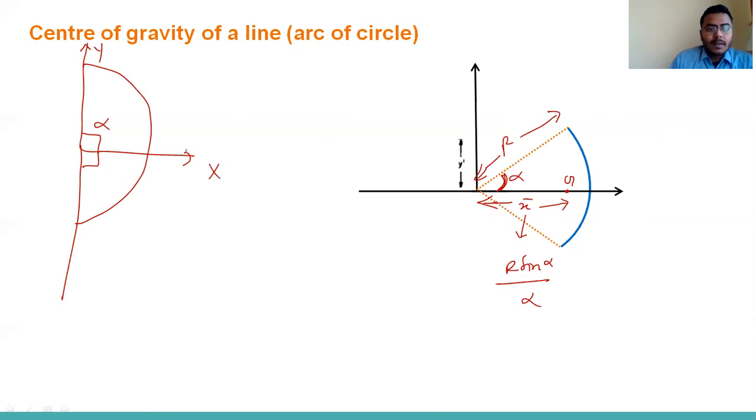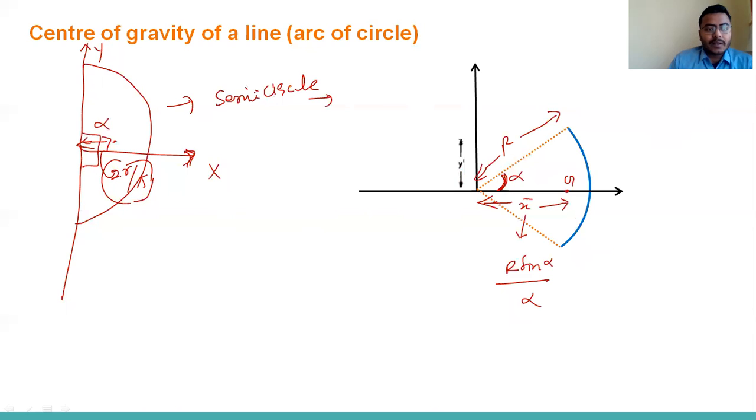Means this arc of a circle will become an arc of a semicircle. And we have calculated the centroid for this is 2r by pi. So we'll check whether that is correct or not.